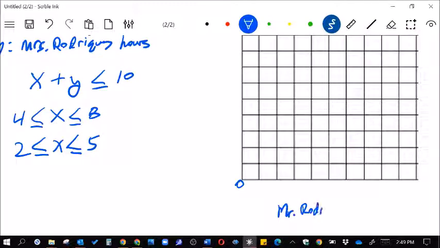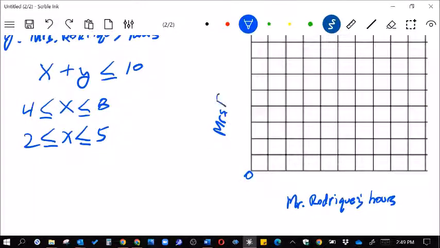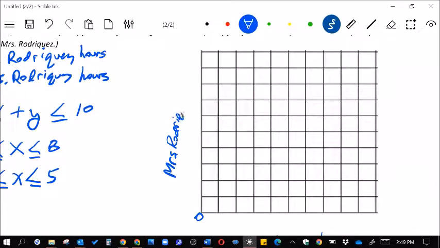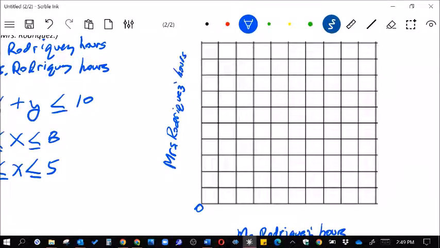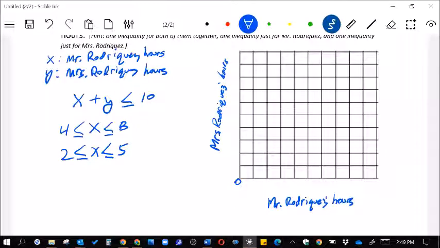Mr. Rodriguez's hours. I think I have to put the S and just put an apostrophe. And this will be Mrs. Rodriguez's hours. And we already know the maximum for anyone, even total driving, will be 10.